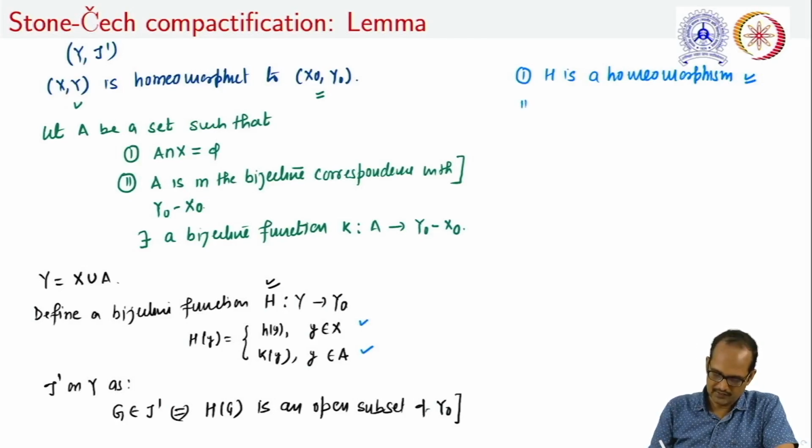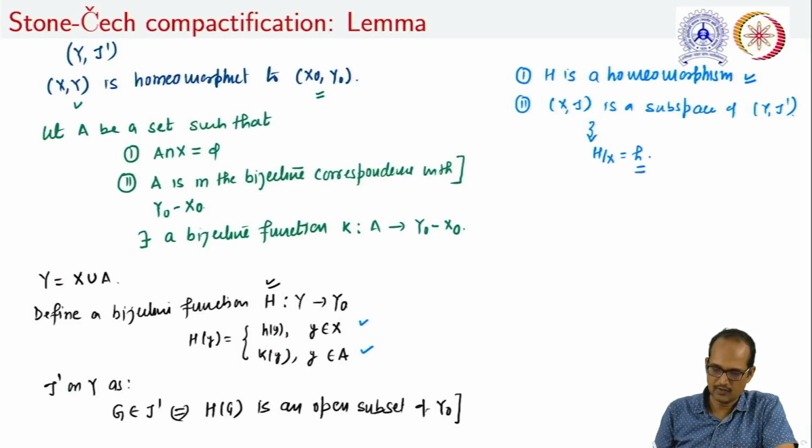The second thing is that (X, tau) is a subspace of this topological space (Y, tau dash), because the restriction of H over X is nothing but this small h.